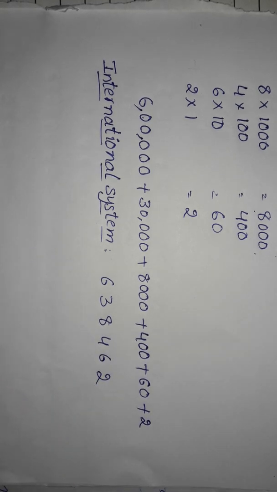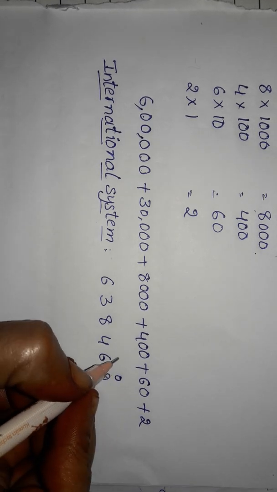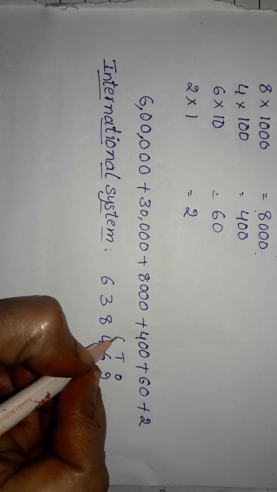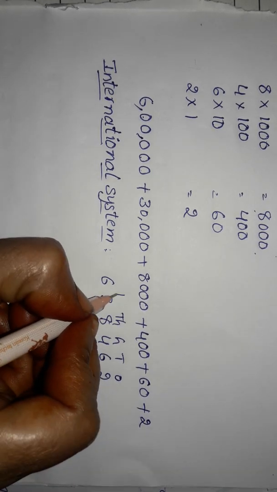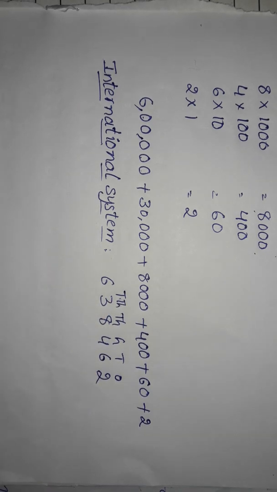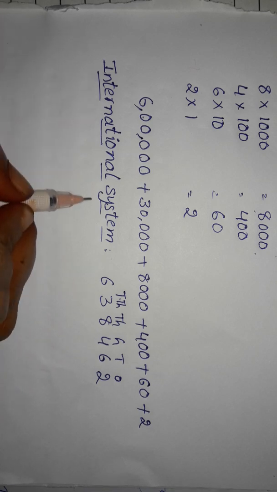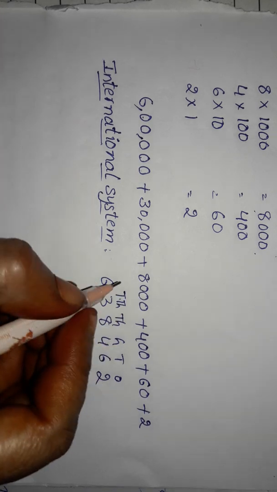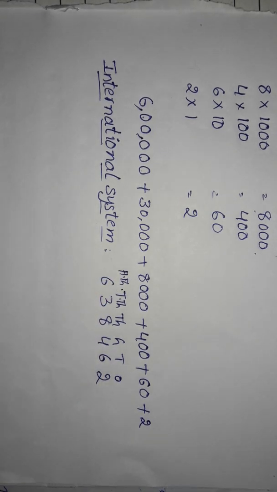Now I will write the places. Ones place, tens place, hundreds place, thousands place, 10,000s place. After that, lakhs place. Shall we write lakhs here? No, because it is the international system. We have to write here 100,000s place.